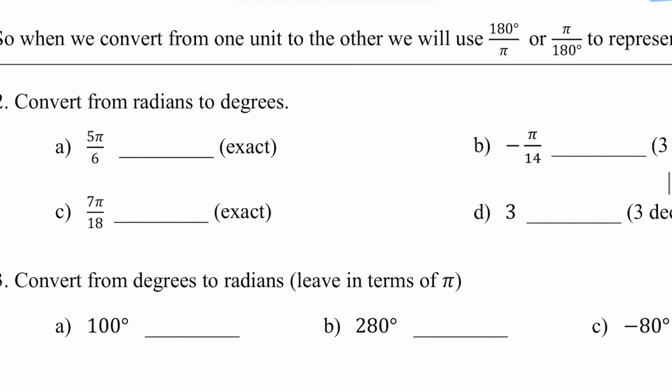And this is almost like what you do in science with dimensional analysis. So I'm going to multiply 5 pi over 6 by my conversion factor. Well, it's either going to be multiplied by 180 over pi or pi over 180. Well, if you're using your conversion from science, we're going to want to get pi to eliminate. So we want to cancel those off.